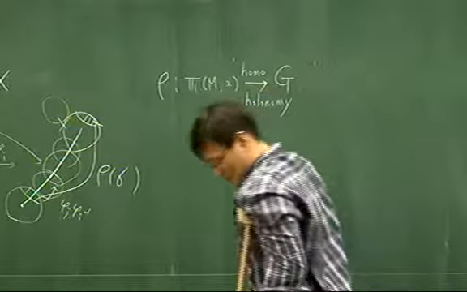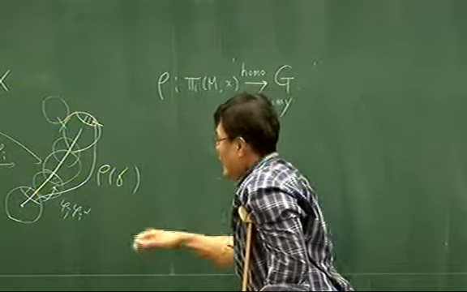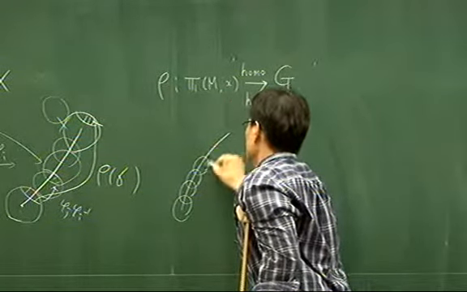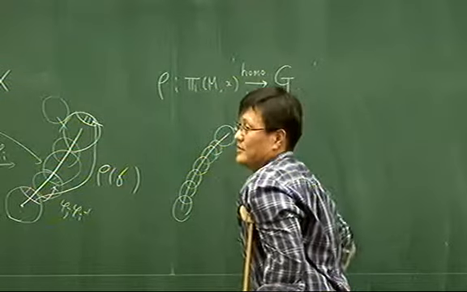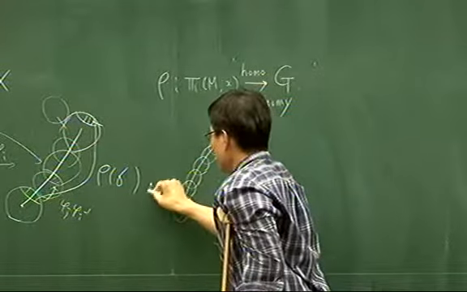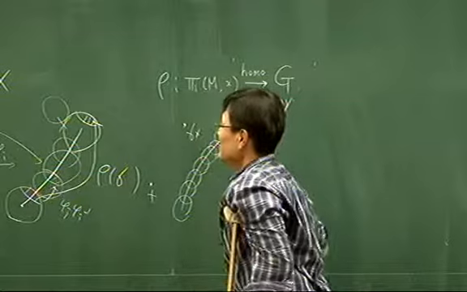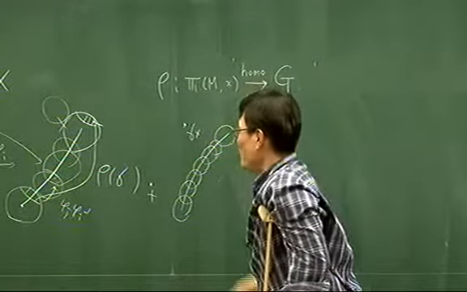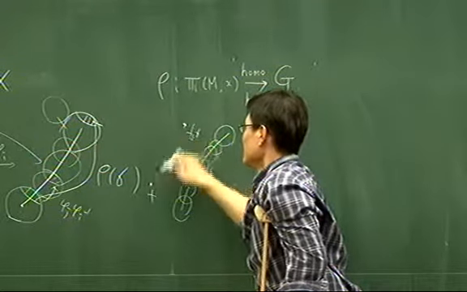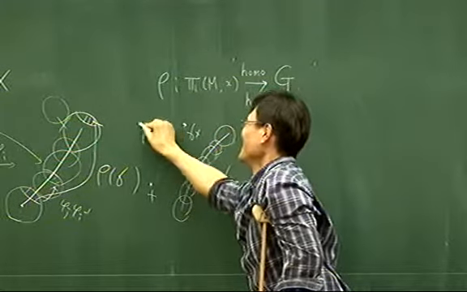And what else? For example, if you take a loop gamma, then the developed image is something like this. Gamma was here, and gamma x here. So x is a point in the universal cover of M, and gamma acts like this. This is the picture in X, and this is the picture in M tilde.